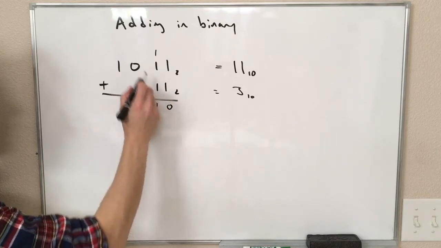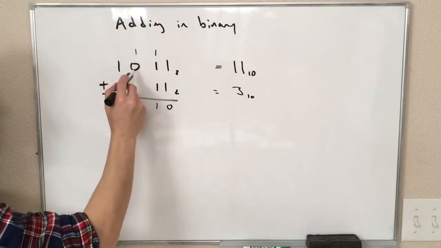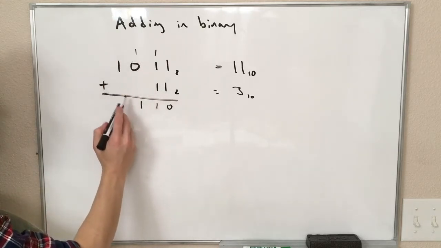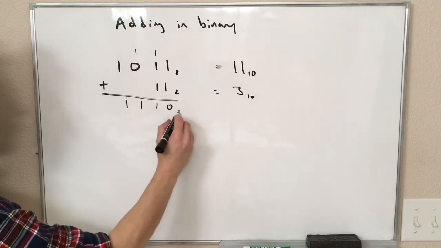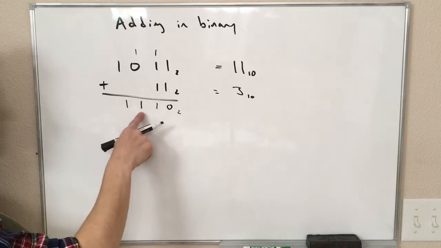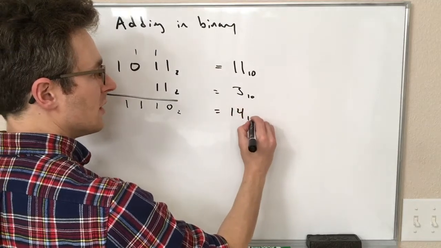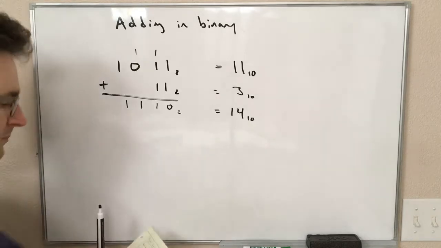So we have a 1 here and we also have to carry a 1 there. 1 plus 0 in the 4's place gives us a 1. 1 plus 0 in the 8's place gives us a 1. So we're left with 1, 1, 1, 0 in base 2 as the result, and that is 8 plus 4 plus 2, which is equal to 14 in base 10. So indeed, yes, 11 plus 3 is equal to 14. It's good to know what answer to expect, I guess.